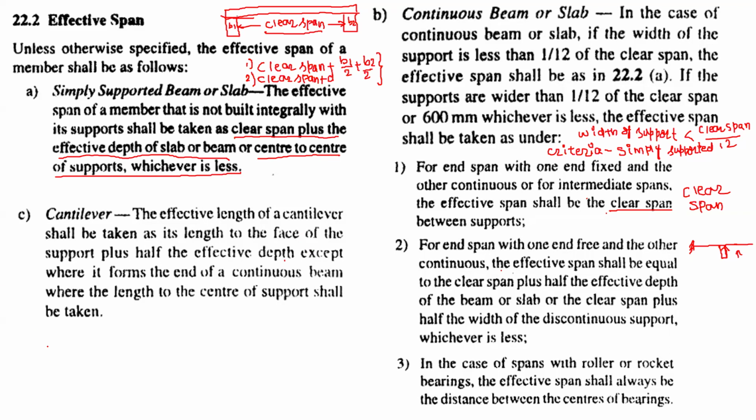So if we summarize, for simply supported it is clear span plus B1 by 2 plus B2 by 2, or clear span plus effective depth, whichever is less.